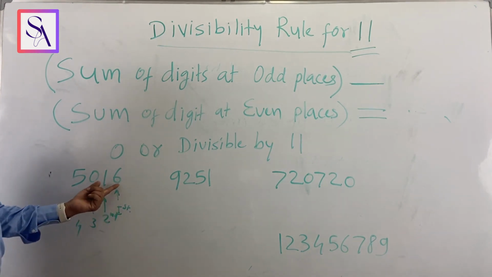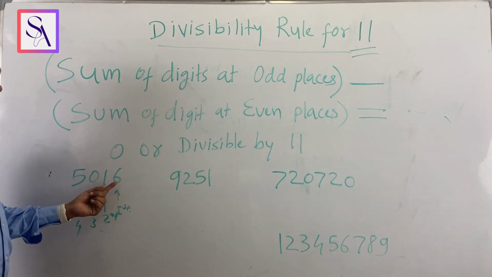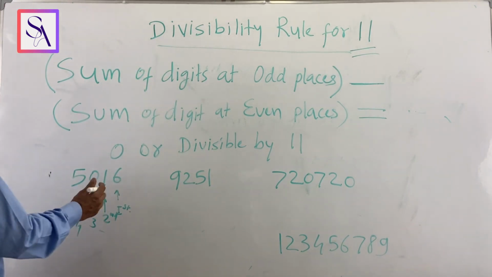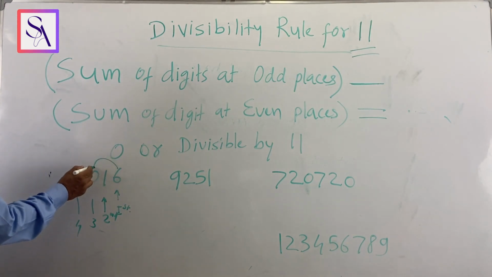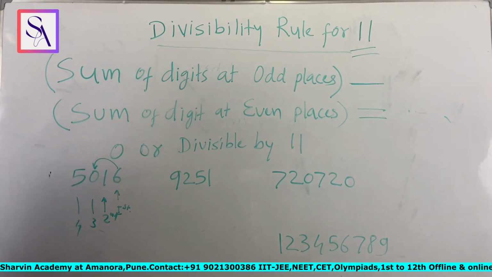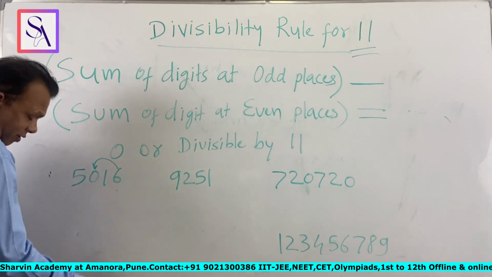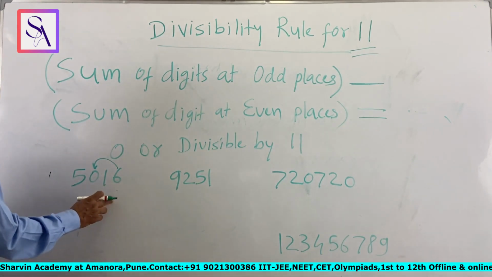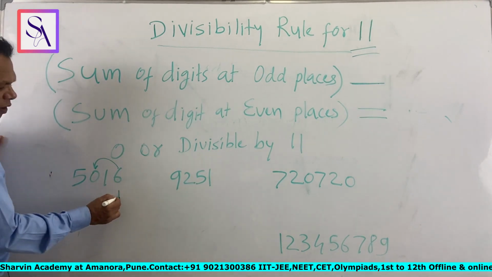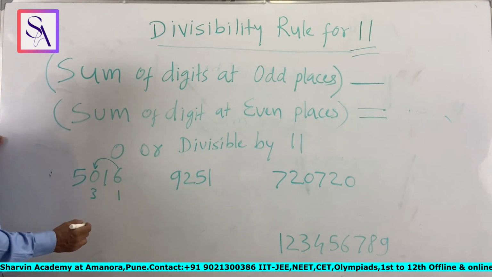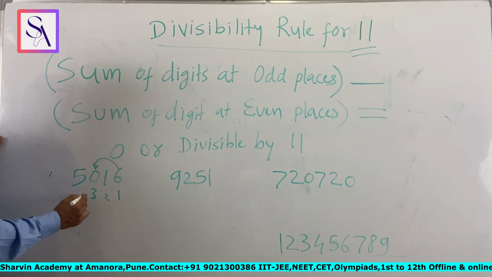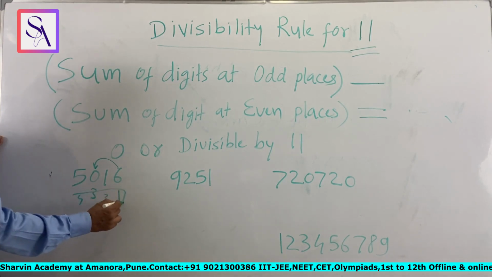So which are the digits in odd places? 6 and 0. So you have to add 6 plus 0, because these are the digits at odd places. This is first place, this is third place, right? First, second, third, fourth. These 4 places are there.